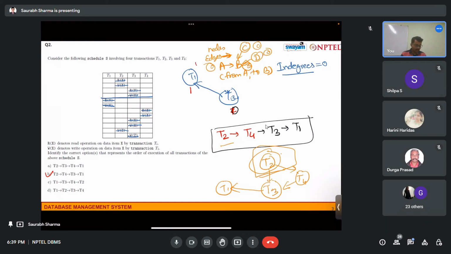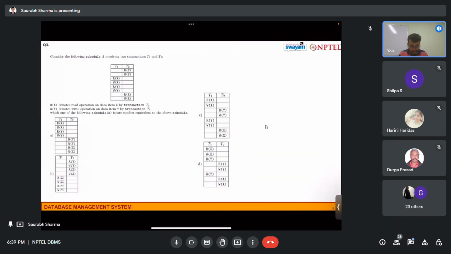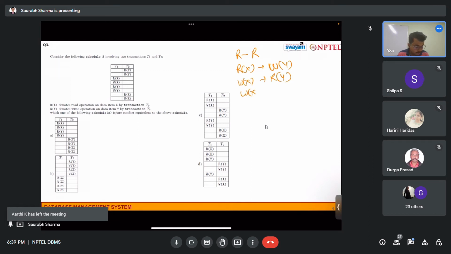Now, for checking conflict equivalence, we have to search for non-conflicting pairs. Non-conflicting pairs means there is no dependence between them. If there is RR, we can exchange them. If there is RX to WY, WX to RY, or WX to WY, where the data is different, then there will be no conflict between them.